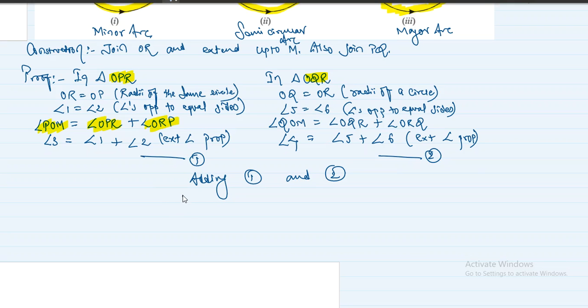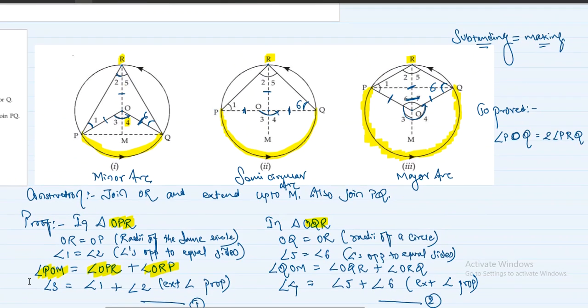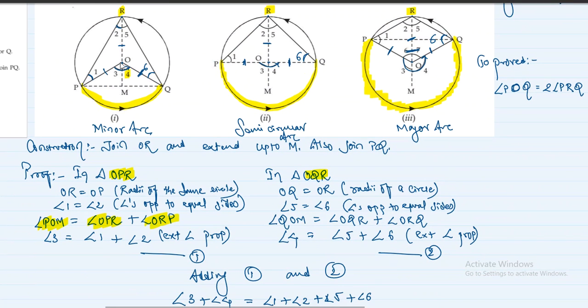Angle 3 plus angle 4 is equal to angle 1 plus angle 2 plus angle 5 plus angle 6. You see that? In any of the figure this is true.